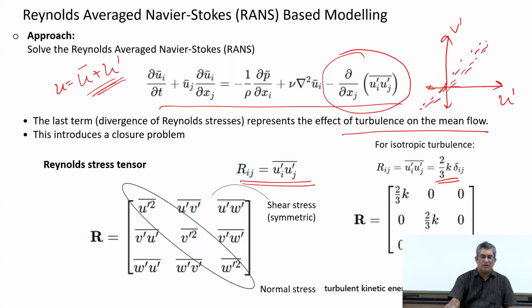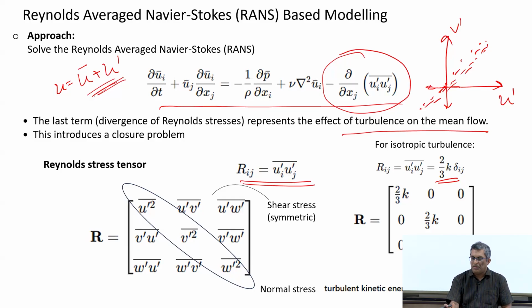If the U component reduces, the V component also reduces. So this means that they are correlated to each other. However, if my flow is isotropic, I can rotate the coordinate axis and still get the same result. I should get the same result.